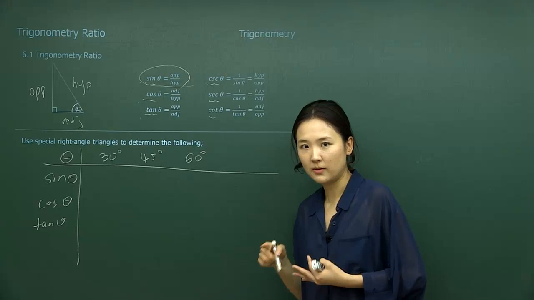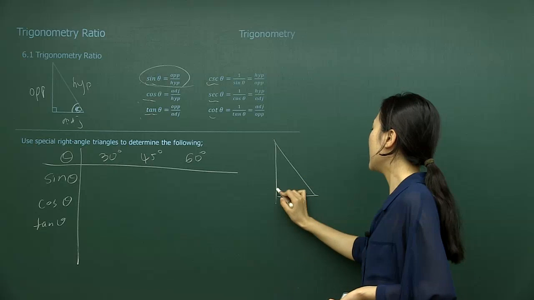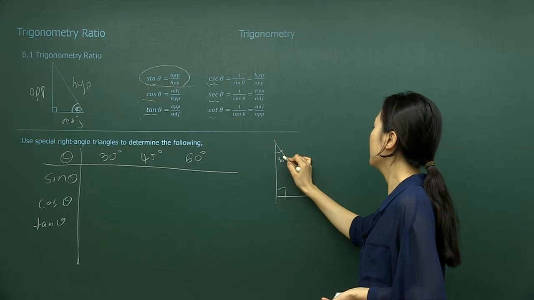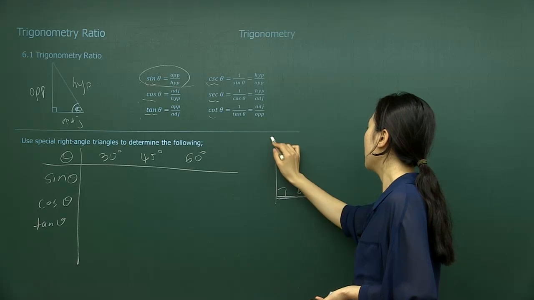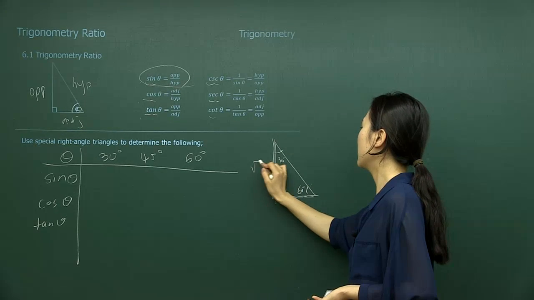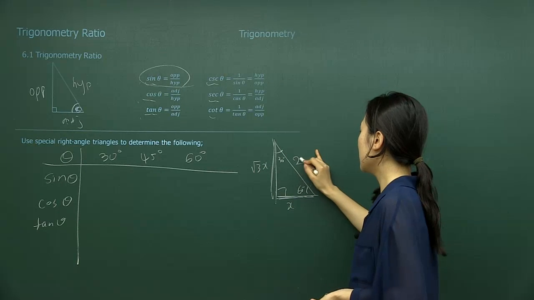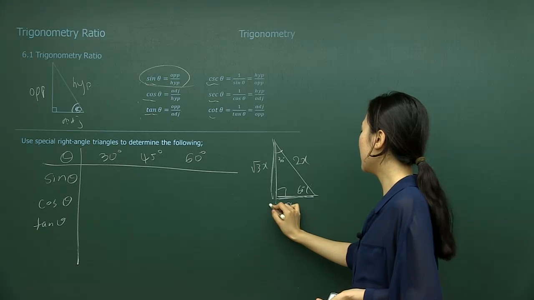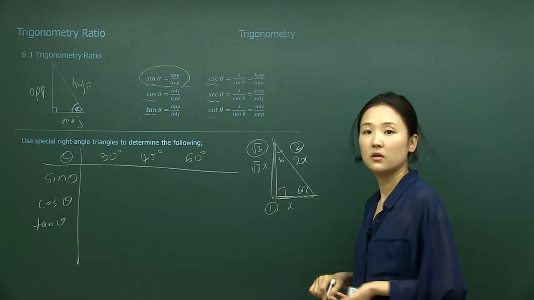They're special, right? Why? Because the 30-60 has a ratio of, do you remember, if the longer leg is √3x and the shorter is x, then the hypotenuse is 2x. So technically it is 1 to √3 to 2.